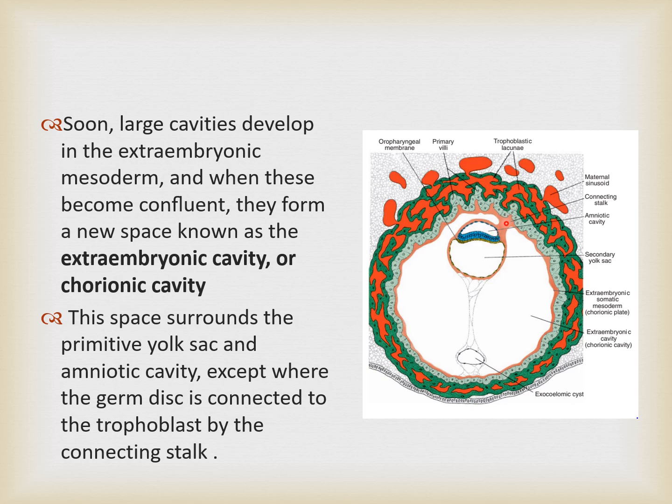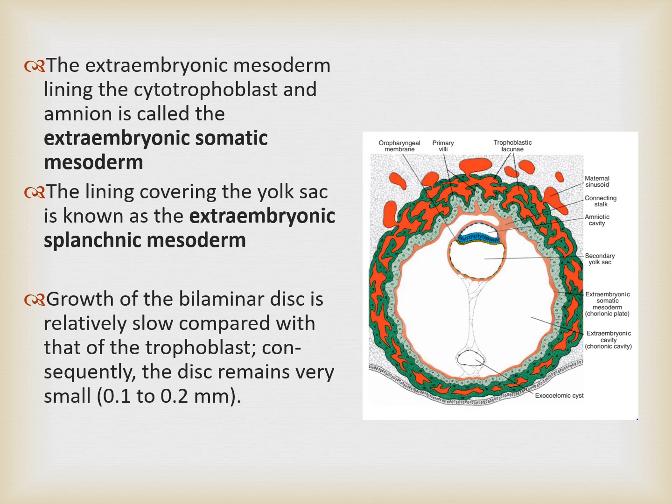This is the connecting stalk. The extraembryonic mesoderm which lines the cytotrophoblast and the amnion is known as the extraembryonic somatic mesoderm. The mesoderm which covers the yolk sac is known as the extraembryonic splanchnic mesoderm.